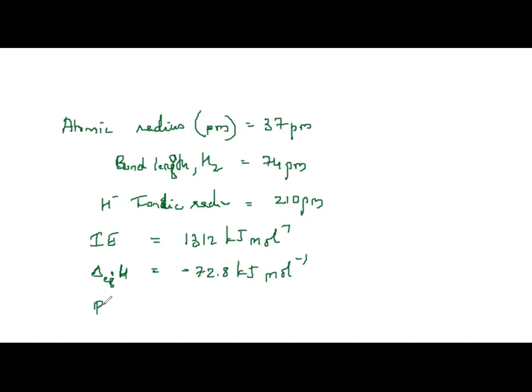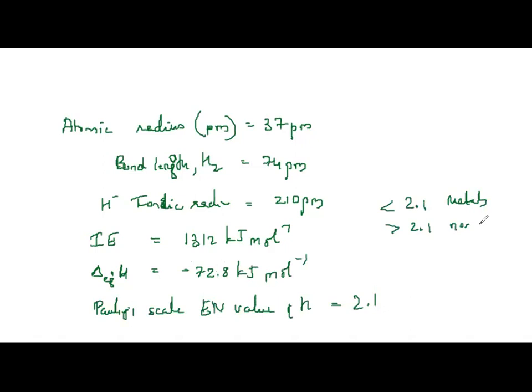And on Pauling's scale, the electronegativity value of hydrogen is 2.1. This is a bridging line between metals and non-metals. Electronegativity values less than 2.1 are metals, and more than 2.1 are non-metals. So these are some basic properties.